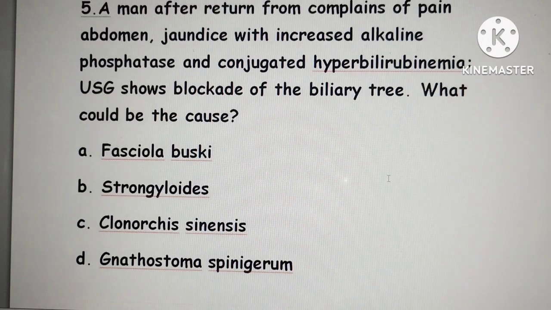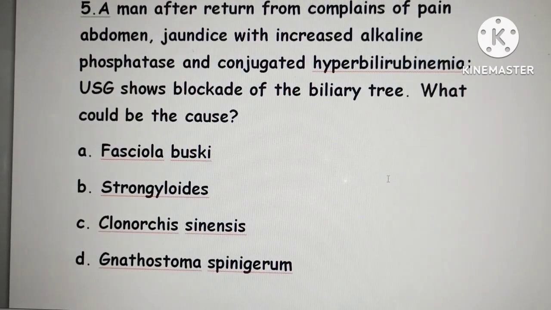What would be the cause? Always remember, if it is related to the liver, maybe pain in the abdomen, or jaundice, or they have given that liver enzymes are elevated.